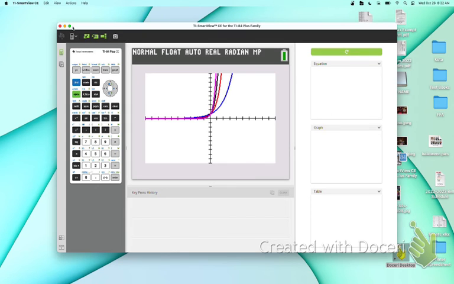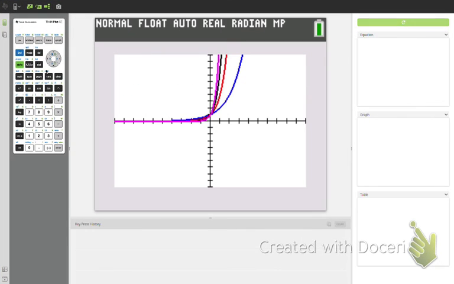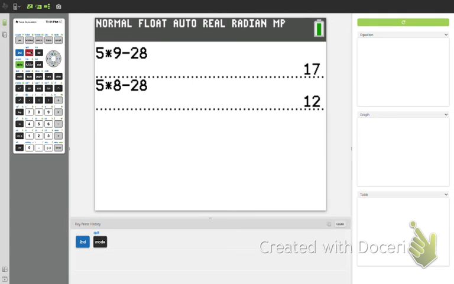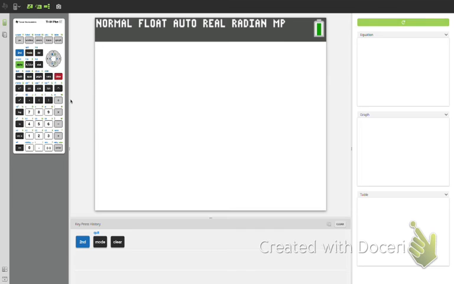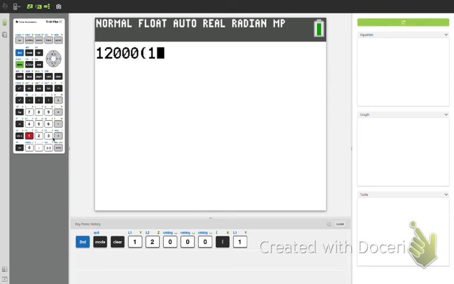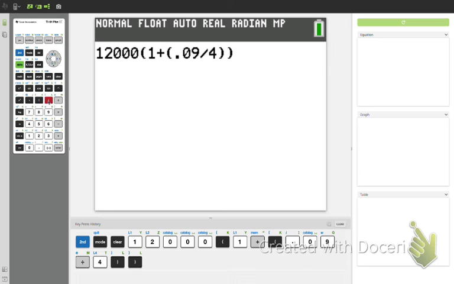Okay. So here's our calculator, right? Our equation was 12,000 parenthesis 1 plus, and we need to put another parenthesis because I need to do 0.09 divided by 4, parenthesis, because I have the exponent here, so I have to end it. Caret.